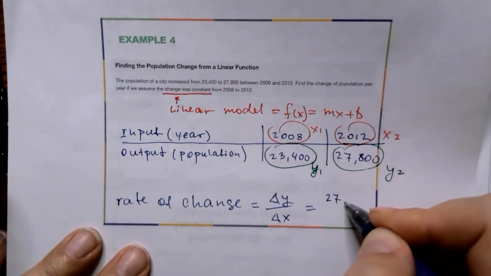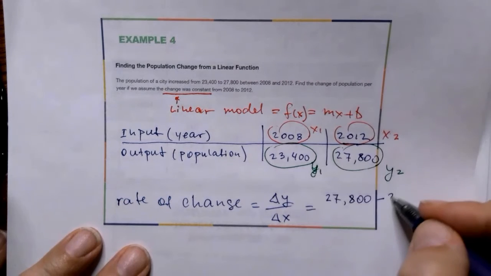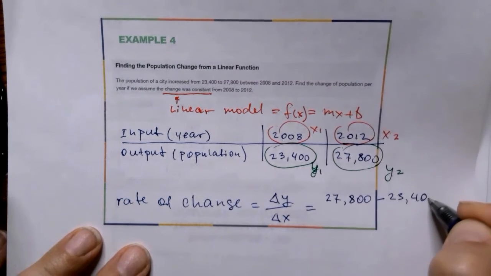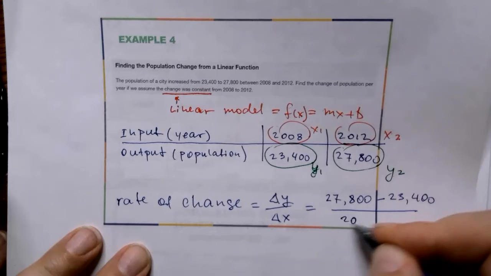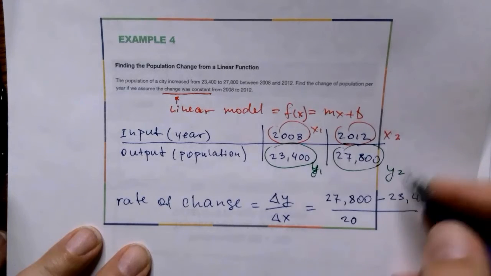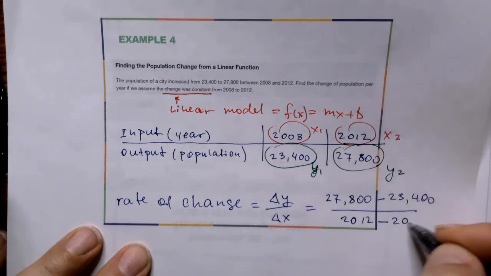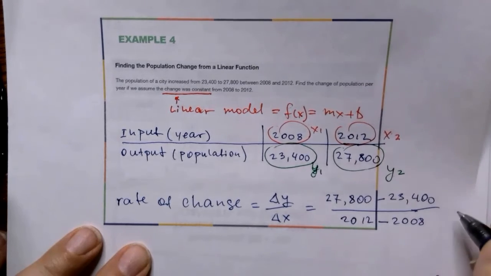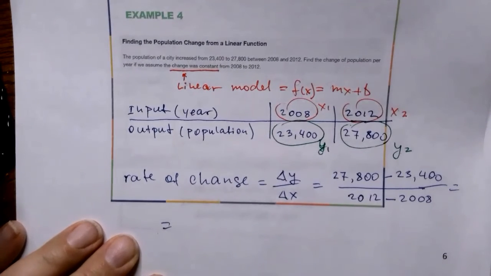So 27,800 minus 23,400 divided by x2 minus x1. So 2012 minus 2008.